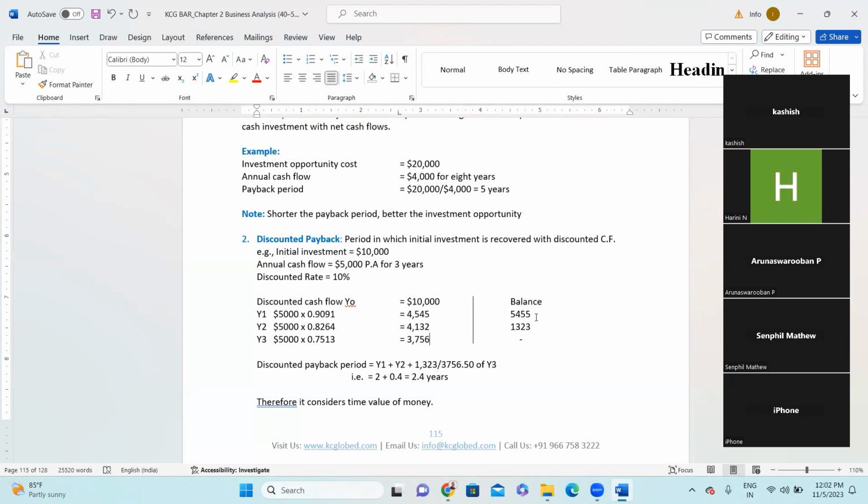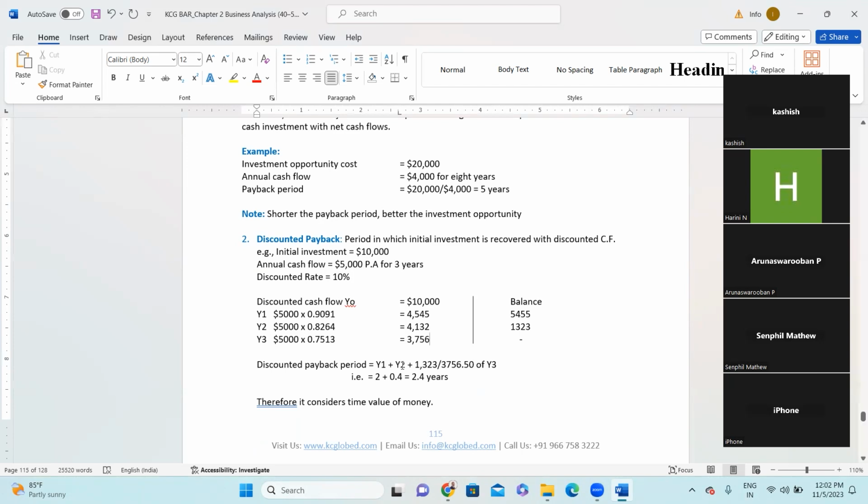So this 1323 you will be recovering in how many months? If in 12 months you have received 3756, then 3756 divided by 12 is 313. So 1323 divided by 313 is around 4.2 months, right?